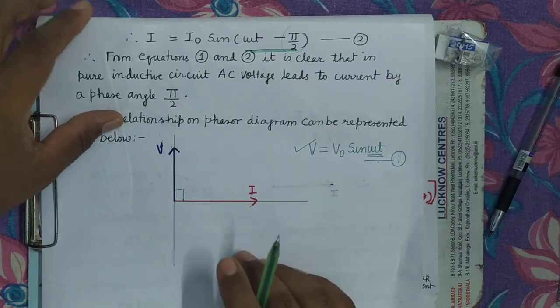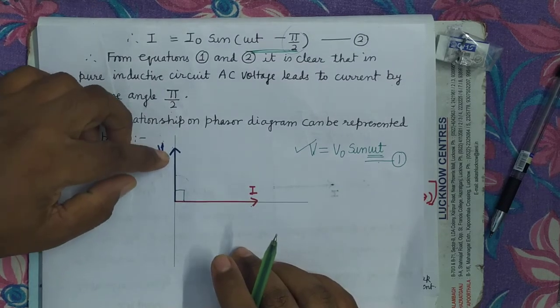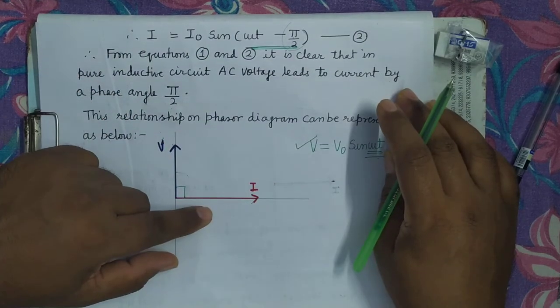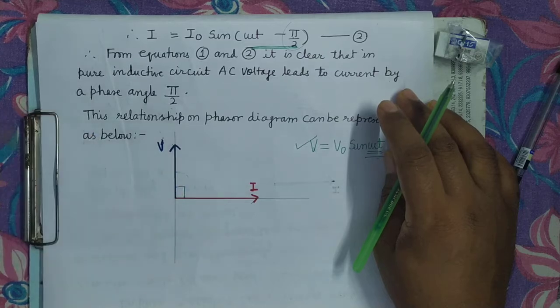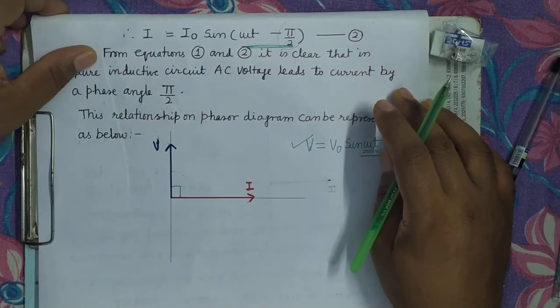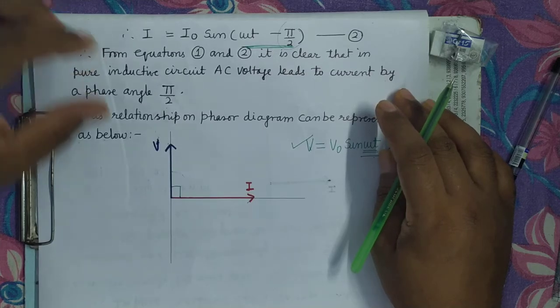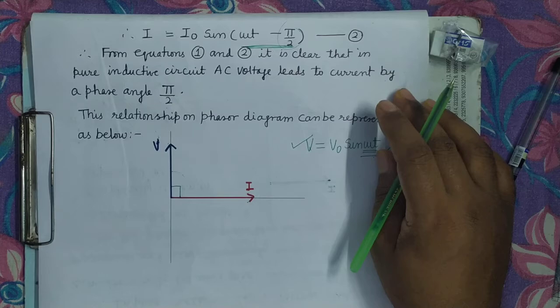So in a pure inductive circuit, voltage is leading the current by a phase angle pi by 2. It's clear? Now how will you represent the same thing with the help of a graph? It is the phasor diagram.